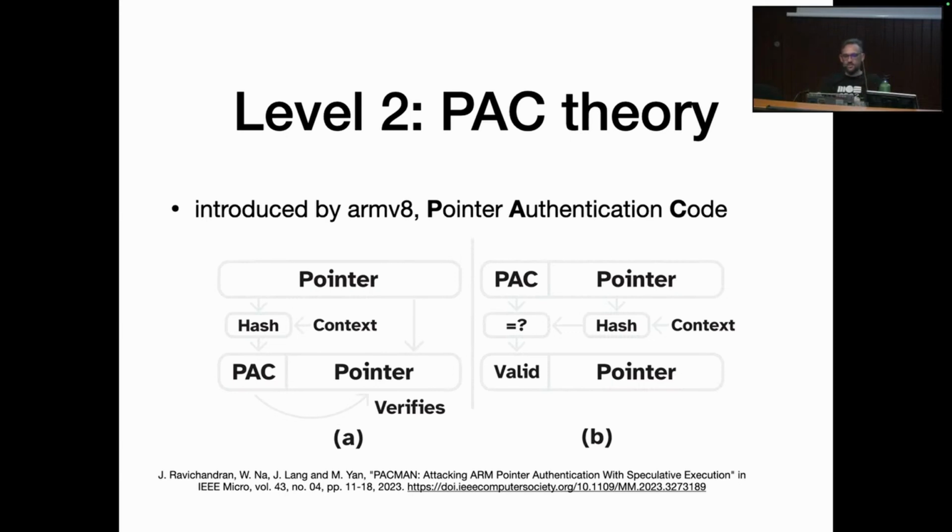That is just a small integer that is then prepended to the pointer itself in the highest bits, which are otherwise unused. Now you have your signed pointer, which before being used is verified in the same way: by providing the same context and the same key, the PAC is computed again, and it must match.